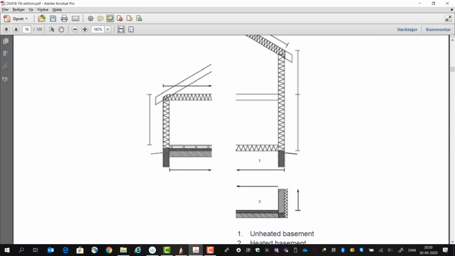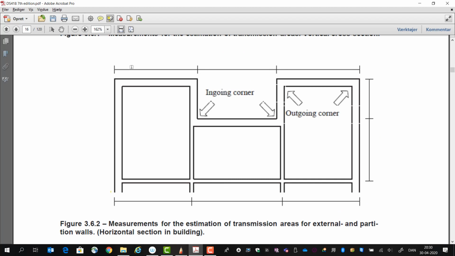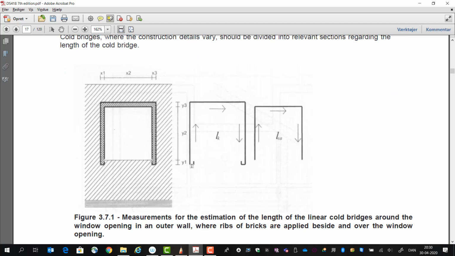You can see here the height of the wall is from top floor to top insulation, and the width is external from corner to corner. And if we need to stop in the middle, then it's to the middle of the partition wall. And then we have the length down here. We have LK here, but now we have the cold bridge going all the way over. So the length is actually all around here where I did draw it.